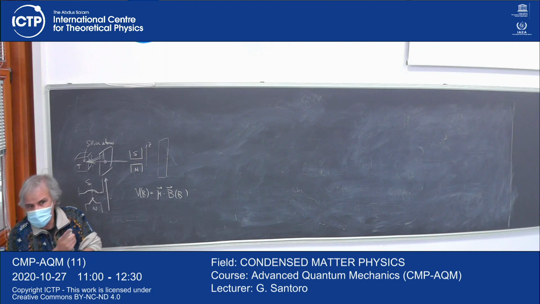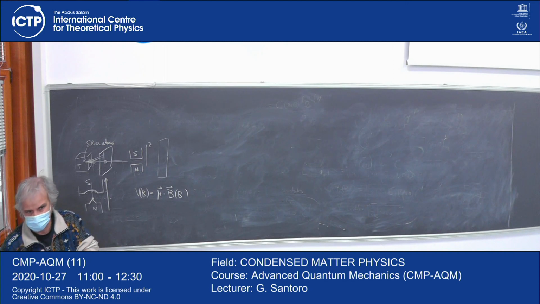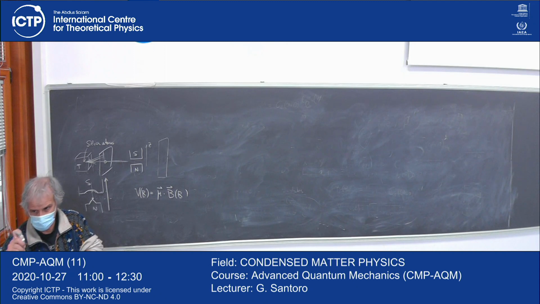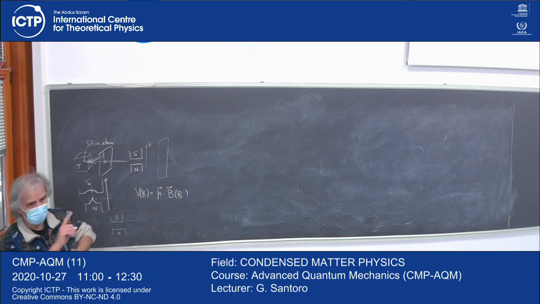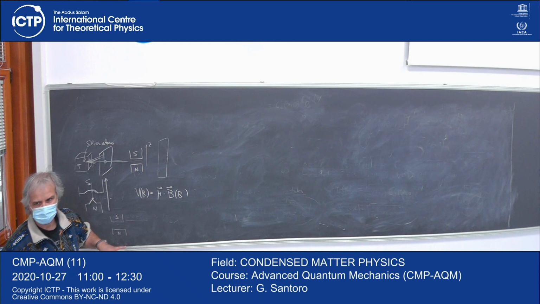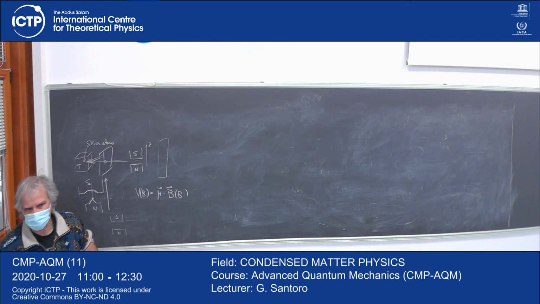If the magnetic field is the same everywhere, the potential is totally flat with respect to the position, which means that the force is zero. So if the magnetic field is constant, then no force. So your experiment is dull.